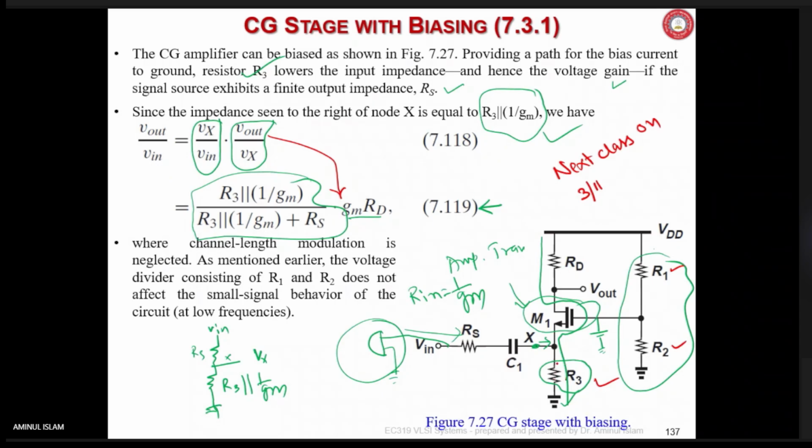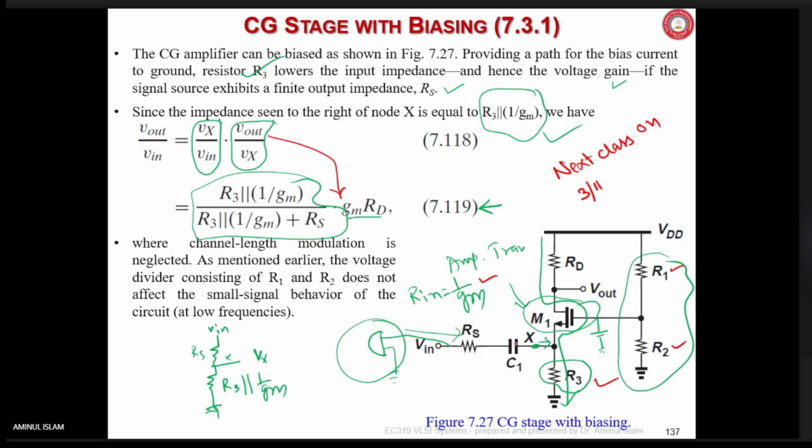Okay, without this R3, what is the input impedance? It is R in, and it is 1 upon GM, 1 upon GM of M1.